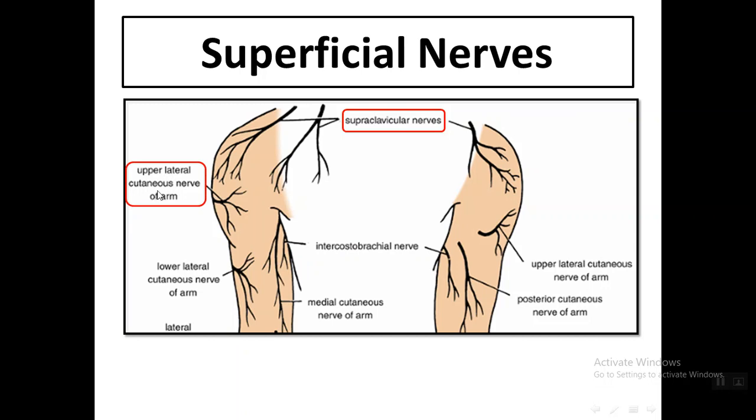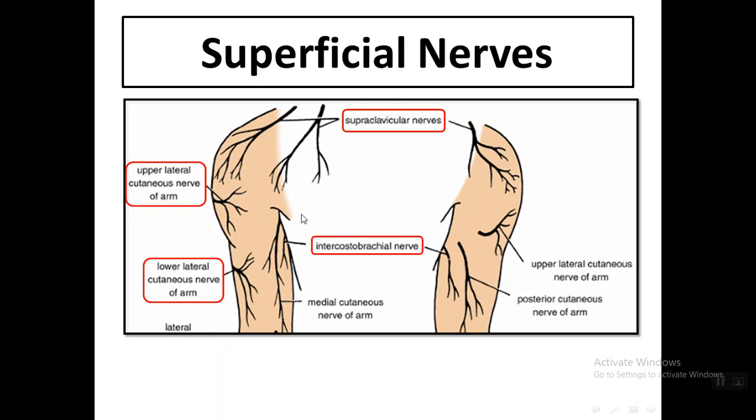The upper lateral cutaneous nerve of the arm, which is a branch from the axillary nerve, supplies the lower half of the skin over the deltoid muscle. The lower lateral cutaneous nerve of the arm supplies the lower lateral aspect of the arm.